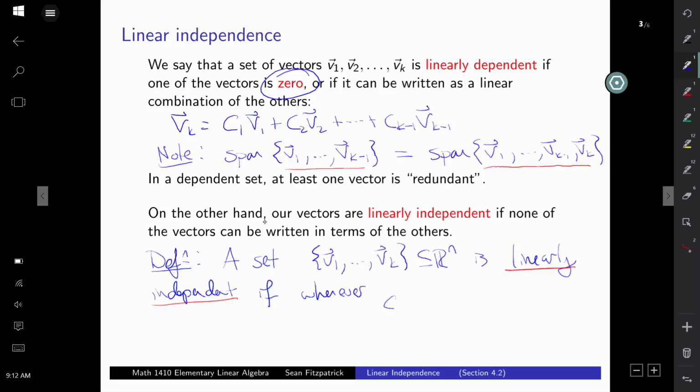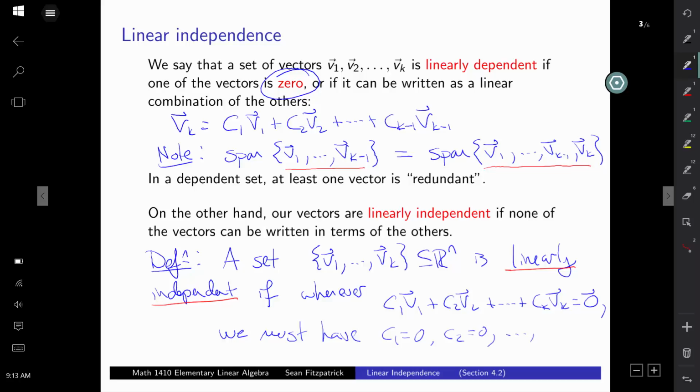whenever we have c1 times v1, c2 times v2, and so on, whenever we have a linear combination that equals the zero vector, then it follows, I meant to say must, we must have c1 equals 0, c2 equals 0, down to ck equals 0, right?